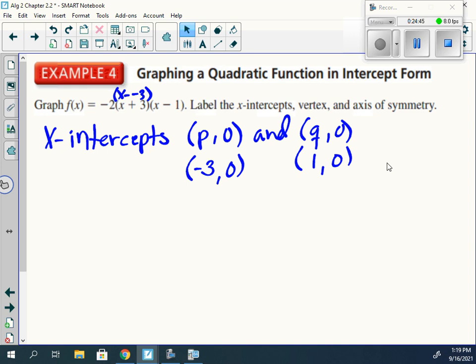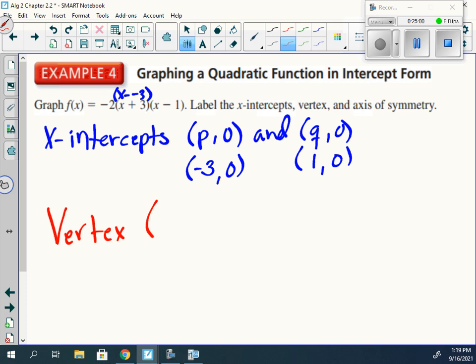Questions on this here? So that gives us the x-intercepts. Try that again. Vertex. Well, our vertex is going to be p plus q divided by 2, comma, f of p plus q divided by 2.